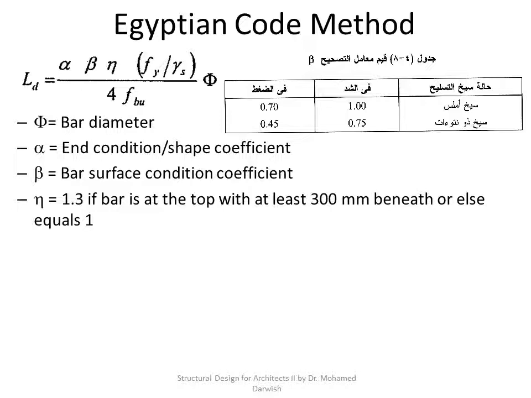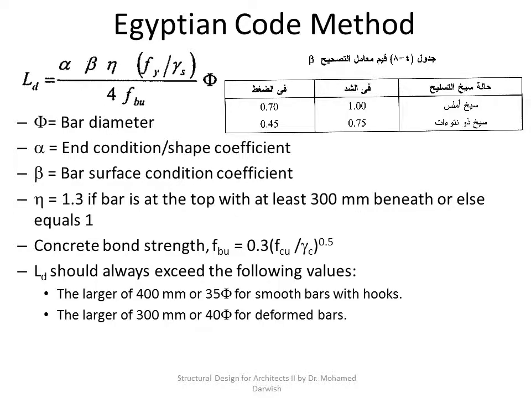Eta is 1.3 if it is at the top of a section at least 300 millimeter deep, or else it's equal to 1. The concrete bond strength is satisfying this relationship, 0.3 root fcu over gamma c.